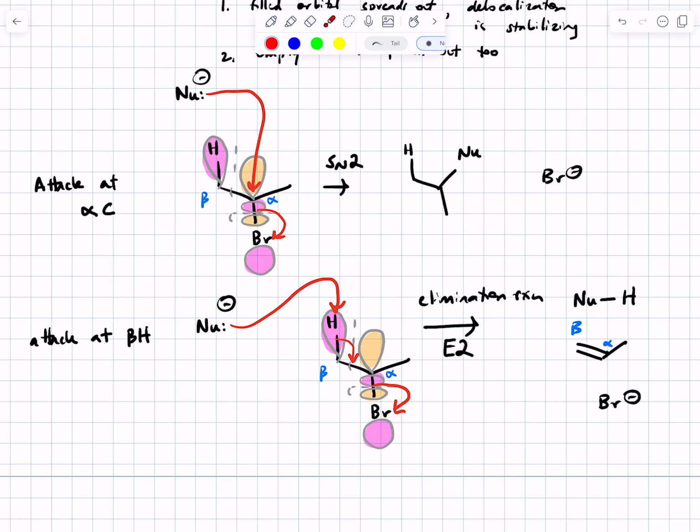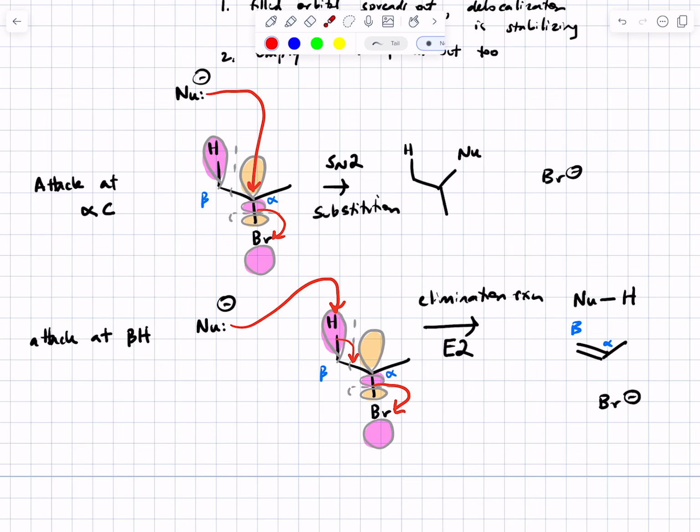What else? Yeah. So the first one is the substitution? Right. Yep, the first one is the bimolecular substitution reaction, and the second one is an elimination reaction. Substitution is the subject of Chapter 7. Elimination is the subject of Chapter 8.